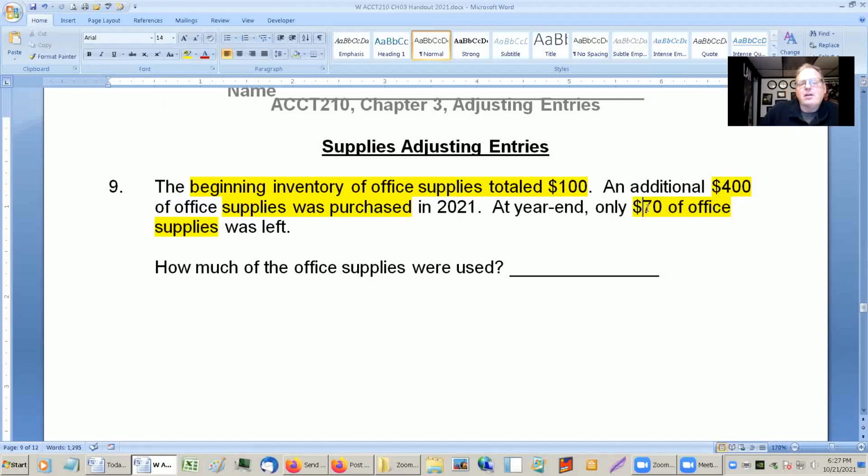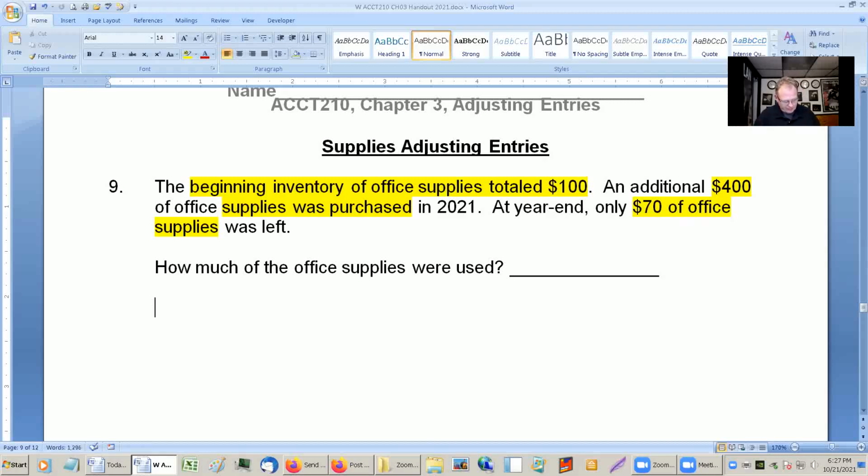All right. So the question is, how much of the office supplies were used? 330? 430? So it looked like this. And by the way, this is the same idea we're going to have for inventory when we get into the inventory chapter.